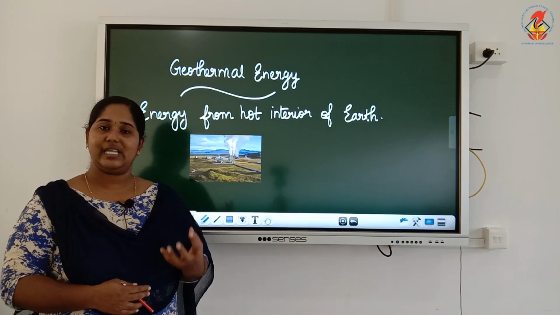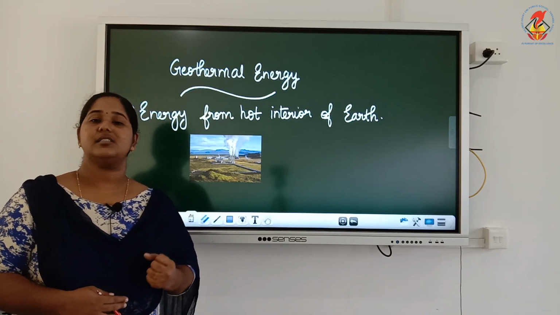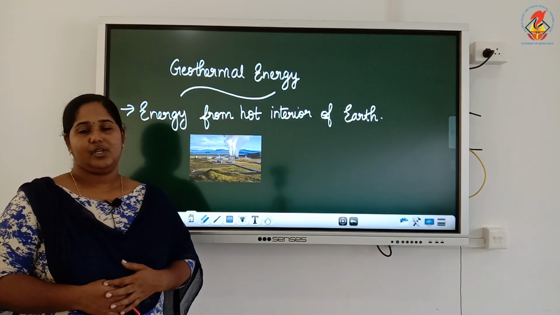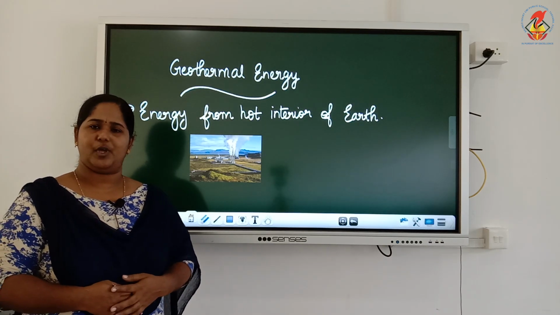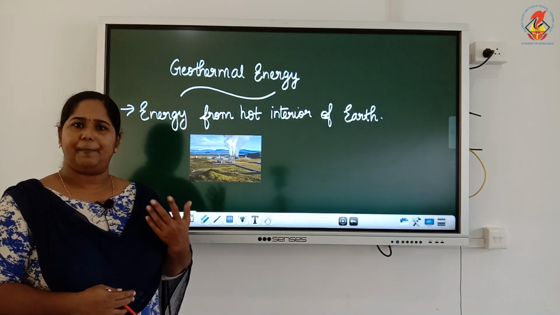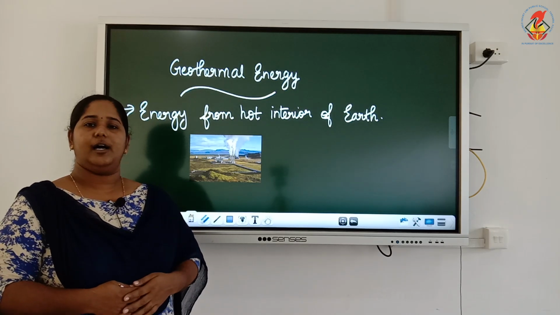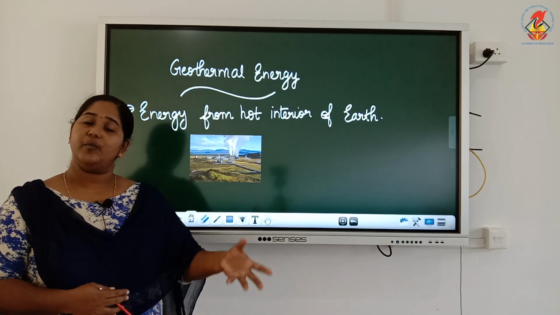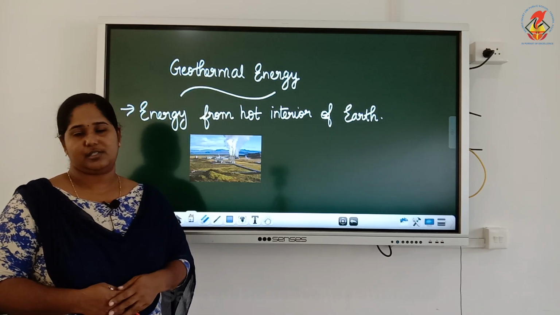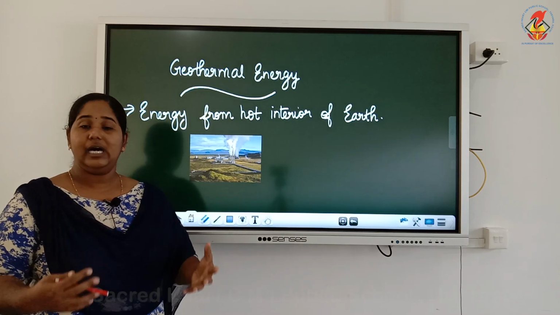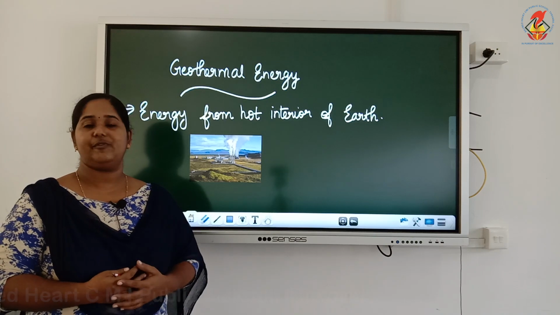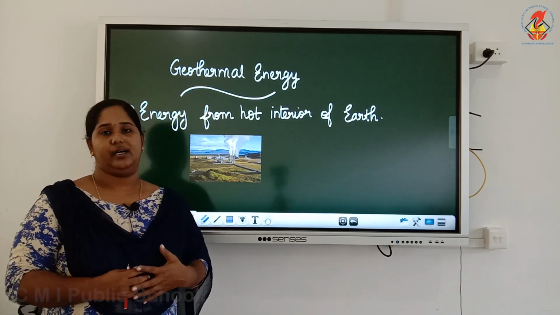This heat is taken from the earth and this is called geothermal energy. So that is also a very costly process. It is also used to produce electricity, but that is not applicable in all cases because taking the heat from within the earth is a very expensive process. So our earth itself helps us to produce electricity with the help of energy within the earth.